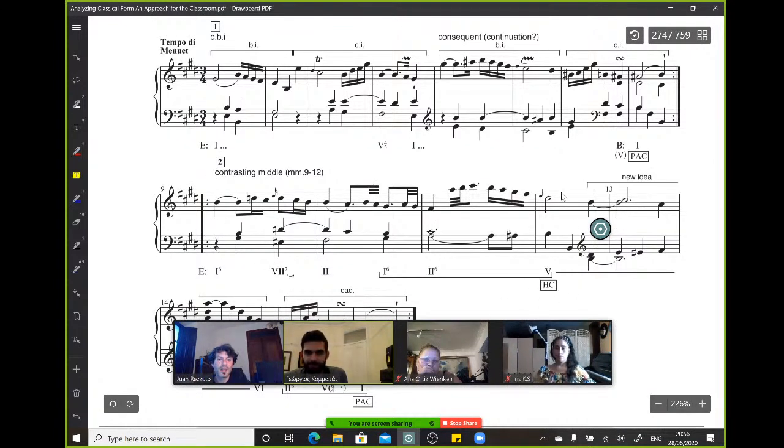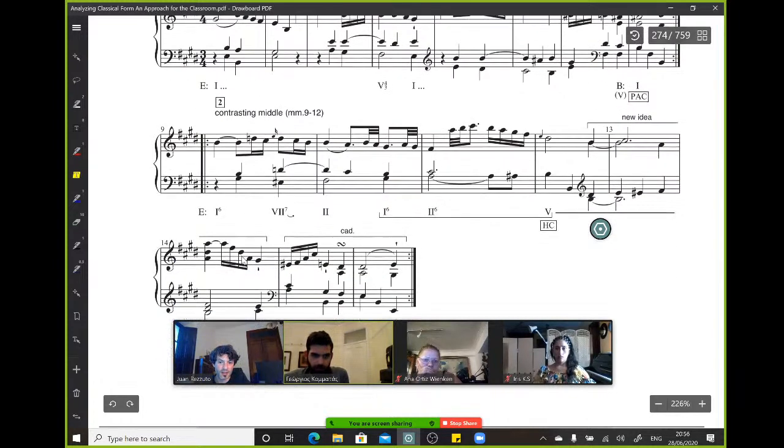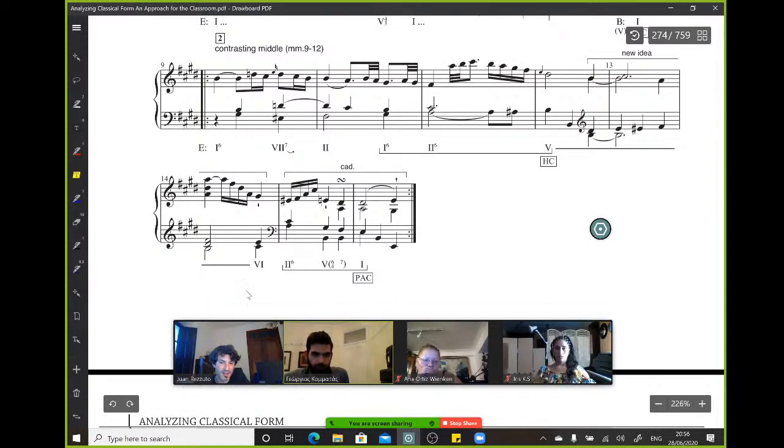The contrasting middle, yeah, it's not standing on the dominant, right? It's based on the tonic again, you see? So in that sense, it's not very harmonically contrasting. So I believe that this sixth here allows an enrichment of this contrasting middle, probably.